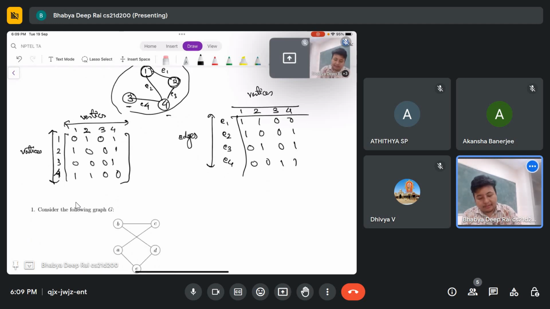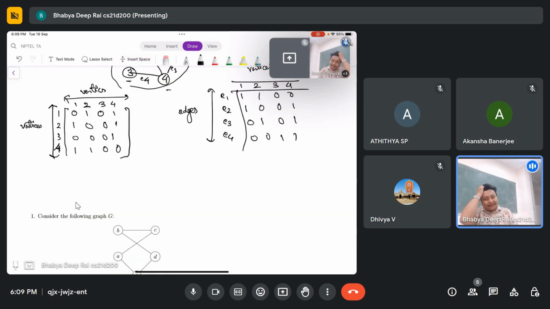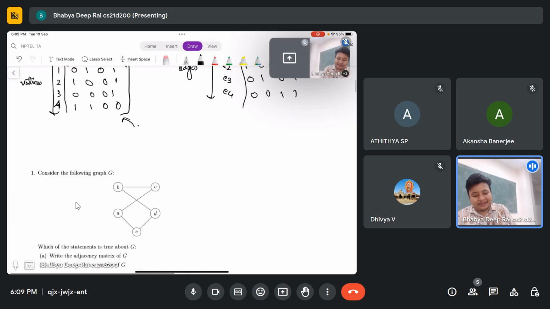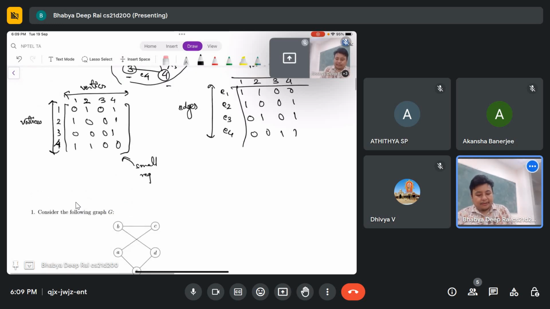Now, both are equivalent in terms of information stored, but a lot of times the adjacency matrix is actually a smaller representation. Why?